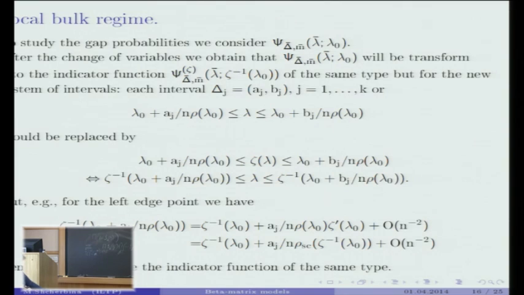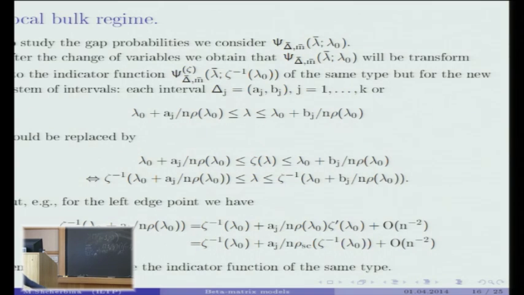And this set, if initially it was interval for delta j when lambda is between lambda 0 plus aj over n rho, and here L0 plus bj over n rho, then you should replace this interval by the interval when zeta of lambda are between this, and of course you can apply the inverse transform, and you obtain that lambda is between this, in your new system, lambda between these 2 points.